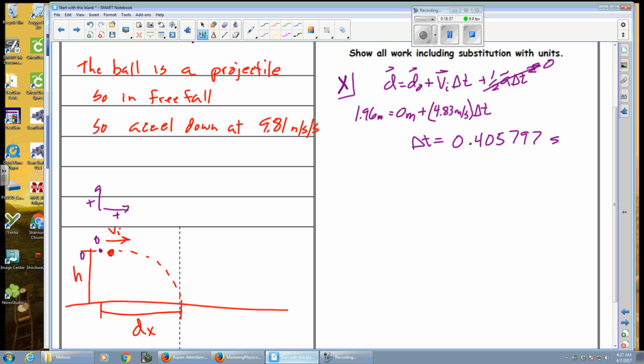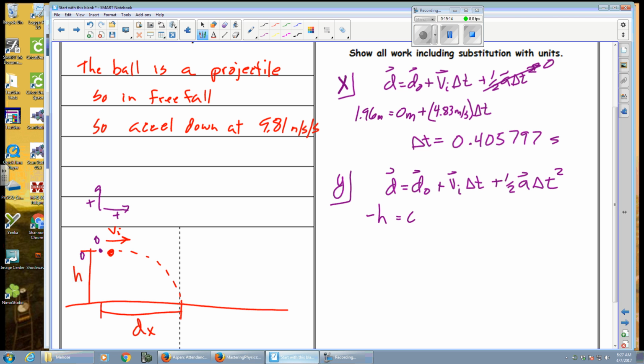Okay. Well, now let's go to the y direction. I'm actually going to use this exact same equation. And let's see. I'm going to end up at negative h, right? Because if it's h from where it started to the floor, and it's down, it's negative.